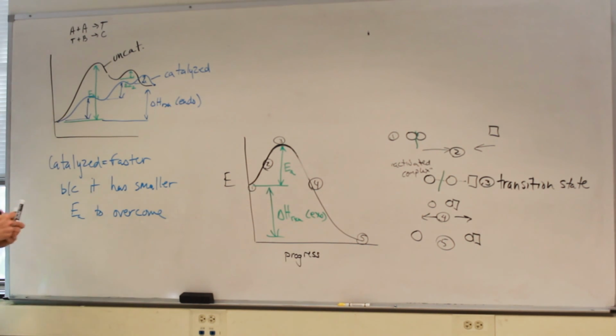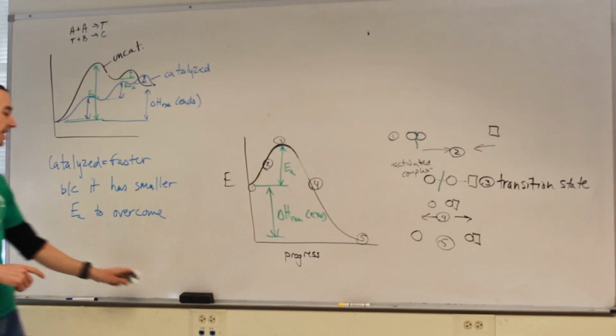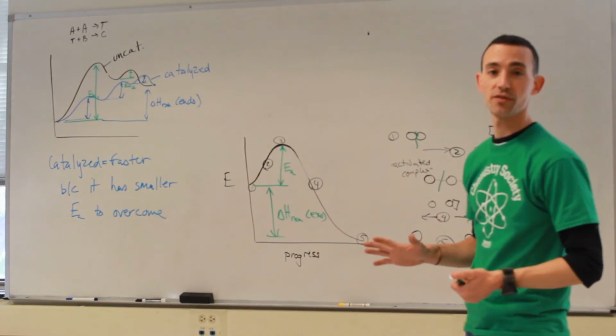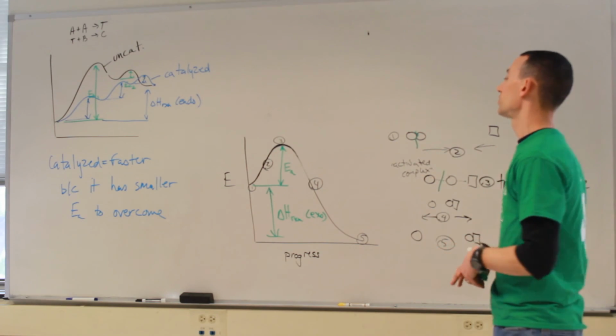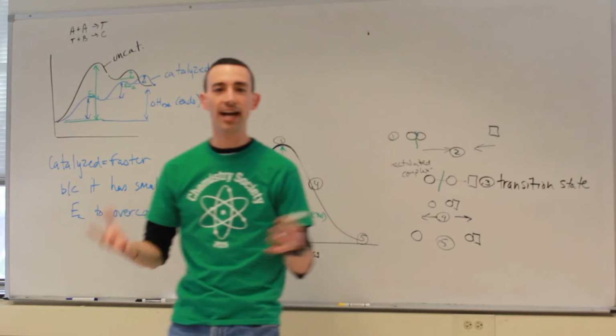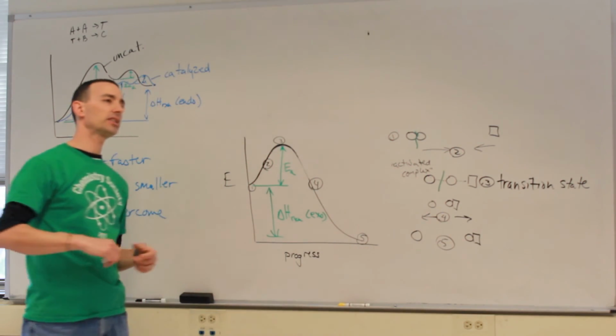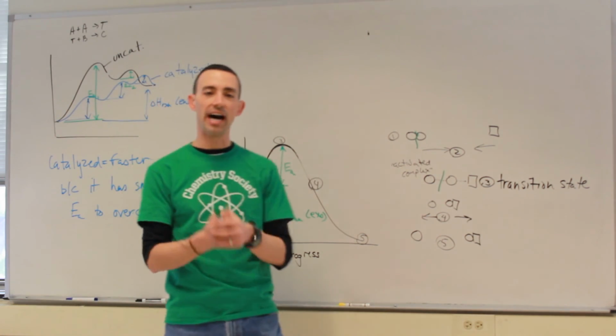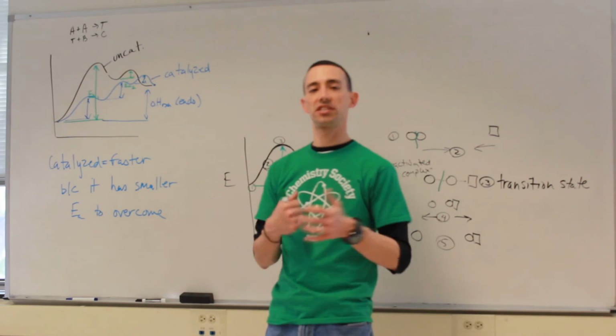And so more molecules are going to be able to overcome these smaller energy barriers represented by the activation energies, and that's going to make for the overall faster reaction. Okay? So collision theory, to tie it all together for us again, tells us that we can't have reactions unless our molecules collide. But not every collision is successful.